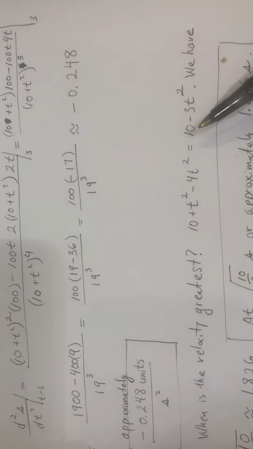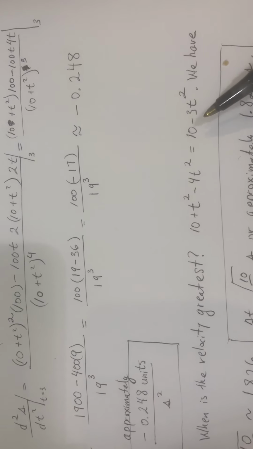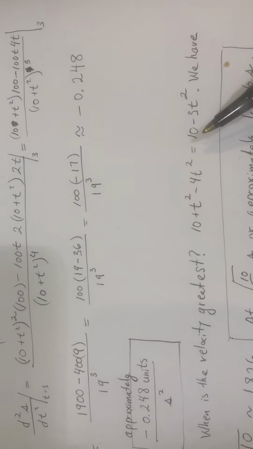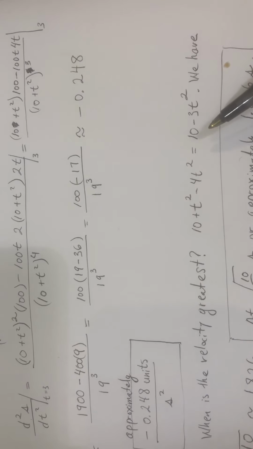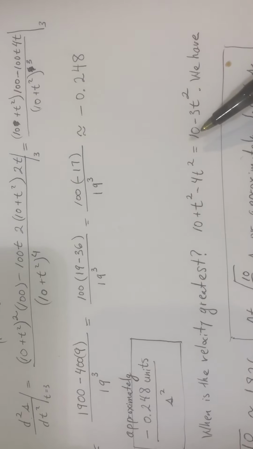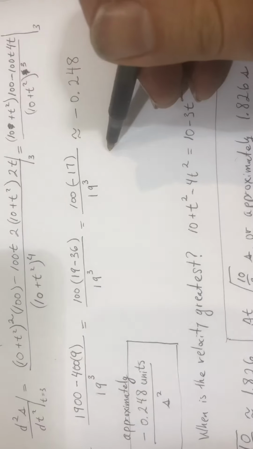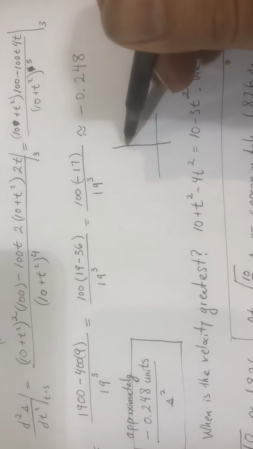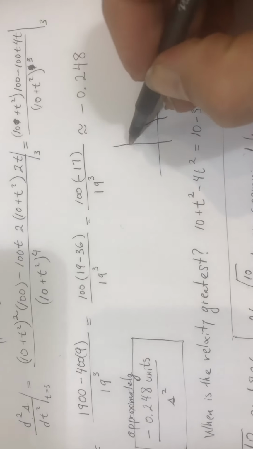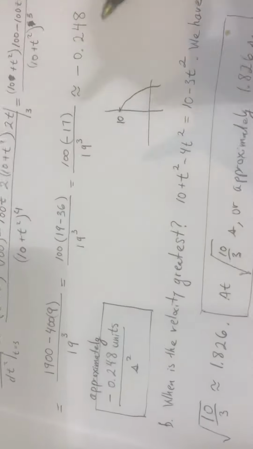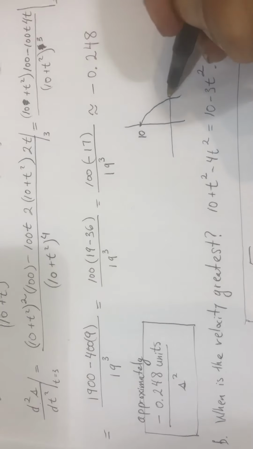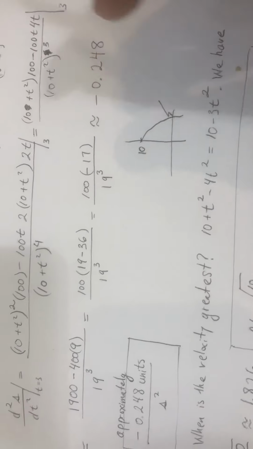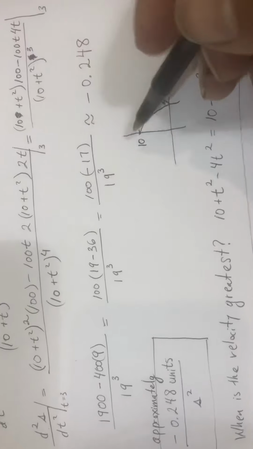So clearly this parabola is decreasing. Let me do a little sketch of it. So it's like this. This is 10, right? And this is half the parabola, the other half is here.